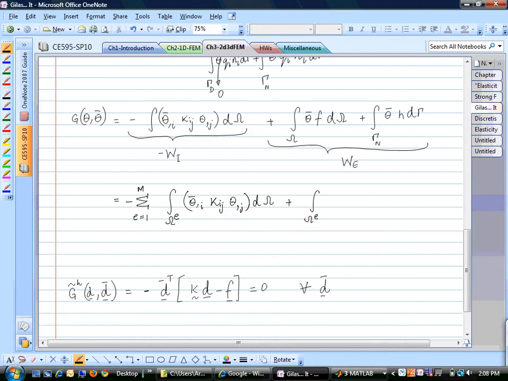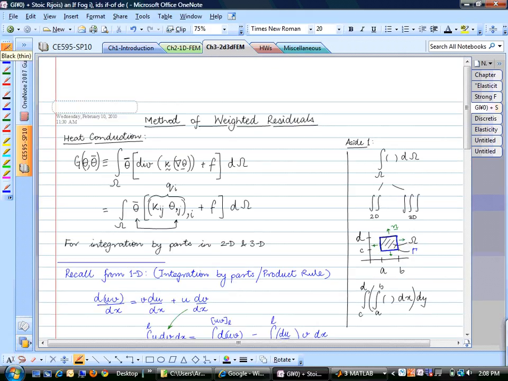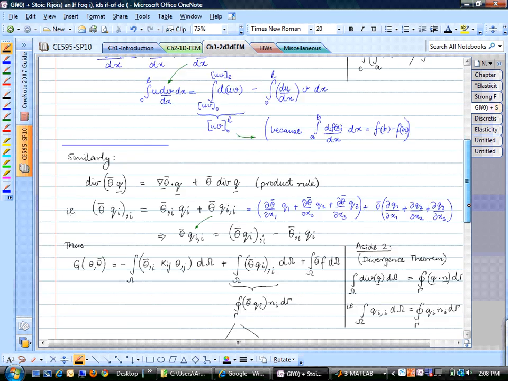This boundary term is also over the elements, and this also needs to be summed up over all the elements. Theta bar times f d omega, and plus, now this is the boundary of the global domain, but I can also split this up into individual boundaries.